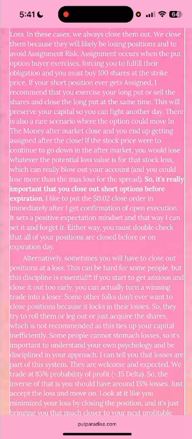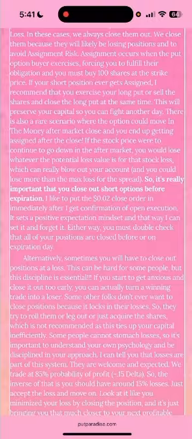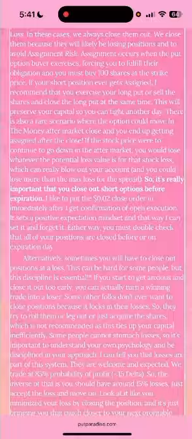There are videos on YouTube that talk about this in detail. But if the stock price continues to go down in the aftermarket for your underlying, you're going to lose whatever the potential loss value is for that stock loss.